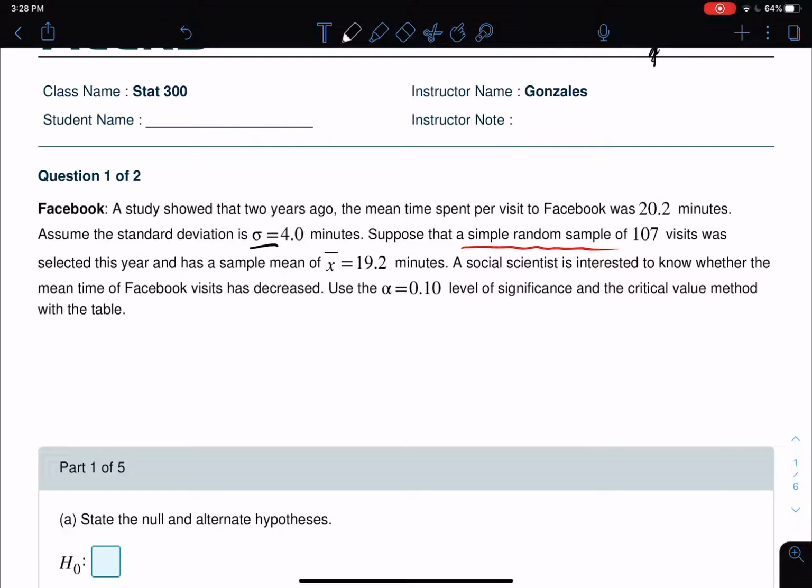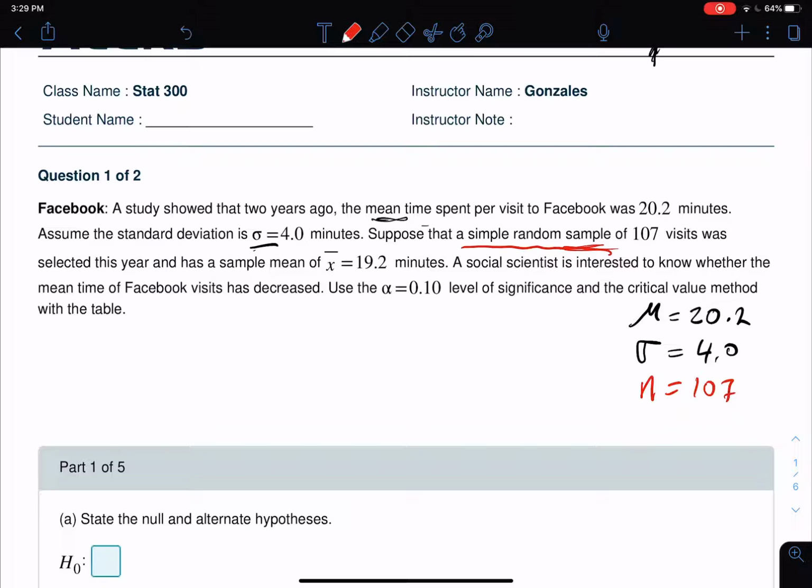So when they said the mean time spent, well, that would be, I'm going to use mu because we're talking about population, mean is 20.2 minutes. And also they gave us the sigma, population standard deviation. Sigma is 4.0 or 4 minutes. And then we get into this sample information. The simple random sample was n equals 107.